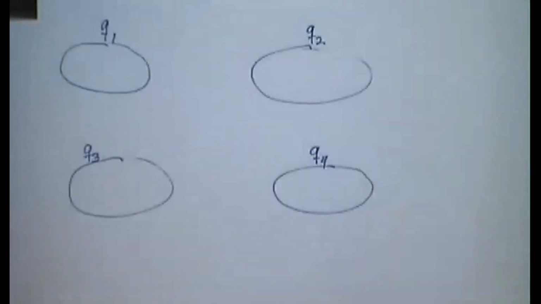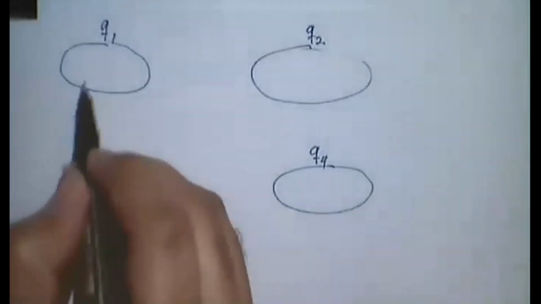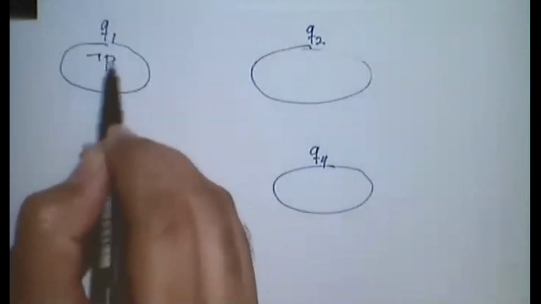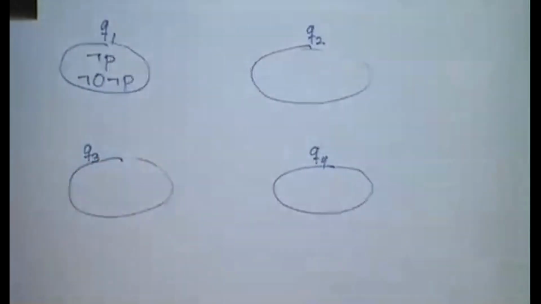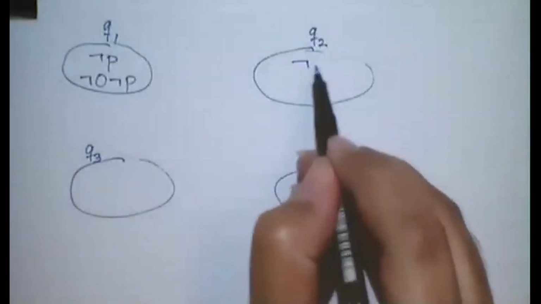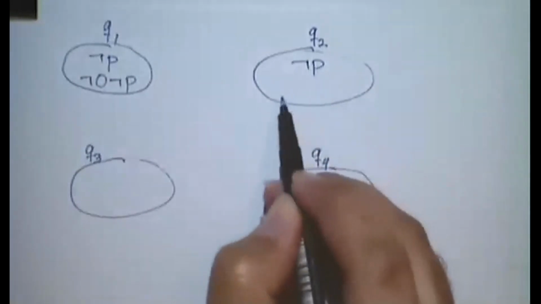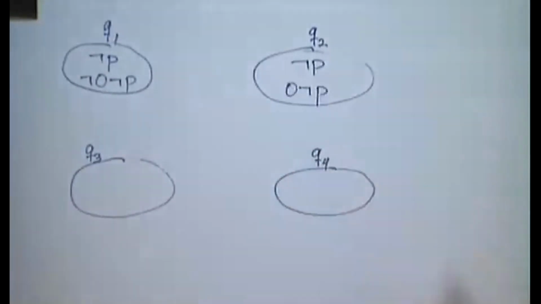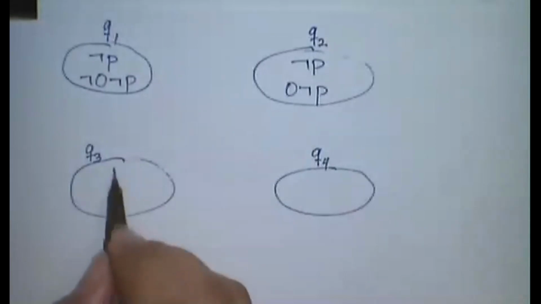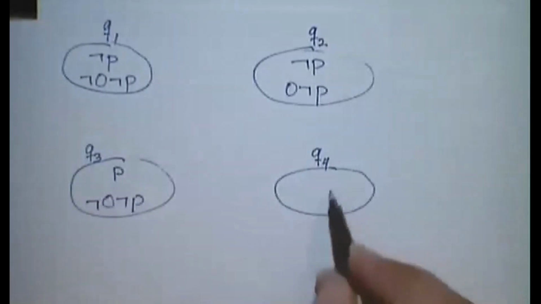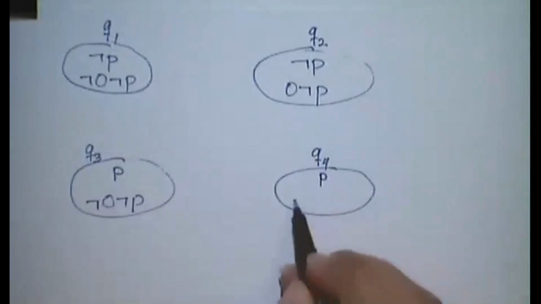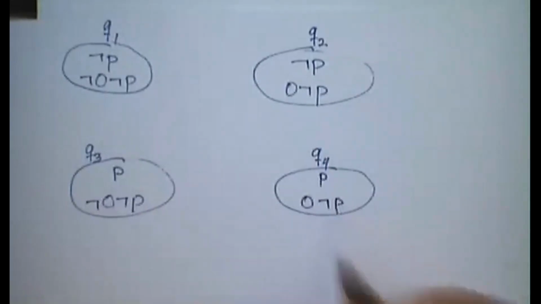Okay, and let me also write the formulas in there. So Q1 was negation of P and not next P. Okay, Q2 is this one, next not P, and Q3 is P and not next not P. Q4 is P and next not P.